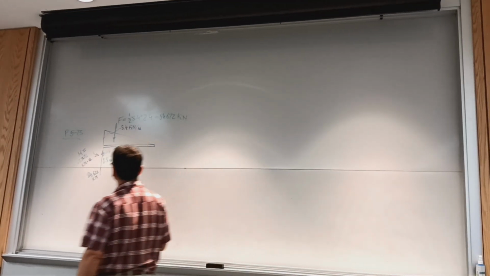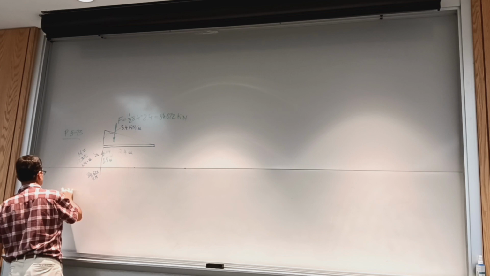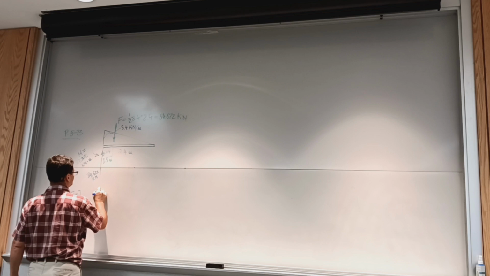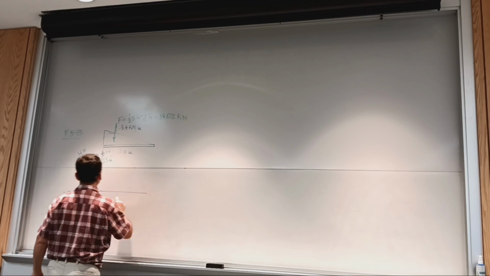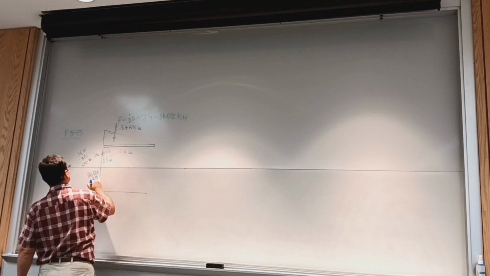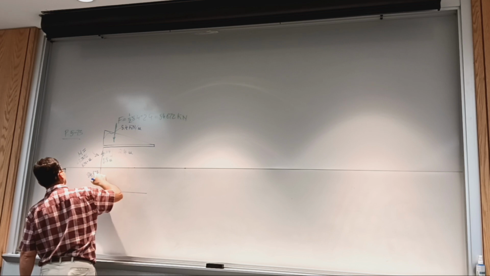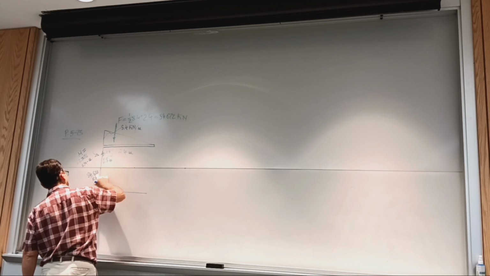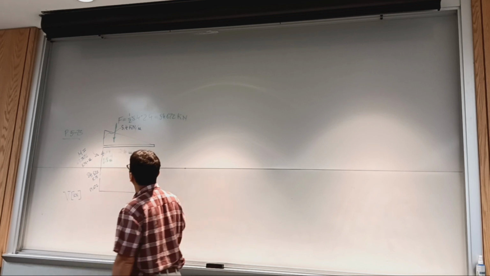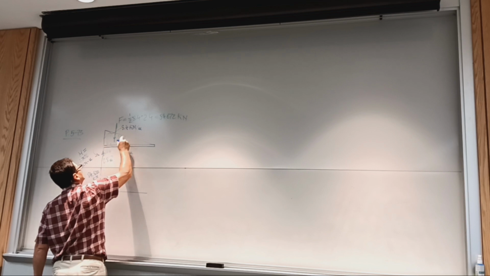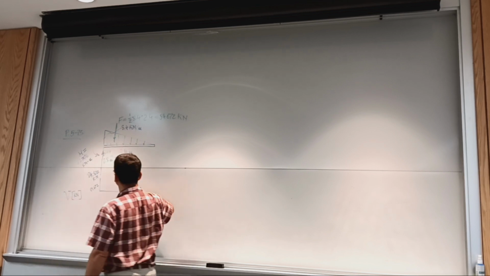All right, so let's draw the shear force and the bending moment diagrams. Shear force is going to be in kilonewtons, and once we move to the right, we experience this force, 84.672 kilonewtons. Remember, these are distributed forces pointing down, so they cause the shear force to decay.